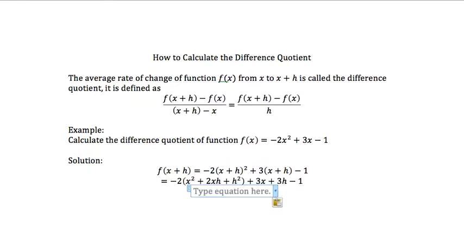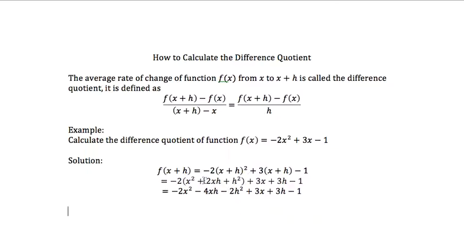Now, if you open the parentheses, you will have negative 2x squared minus 4xh minus 2h squared plus 3x plus 3h minus 1. This is your f(x plus h). Simply replace every x in the definition of f(x) by x plus h.